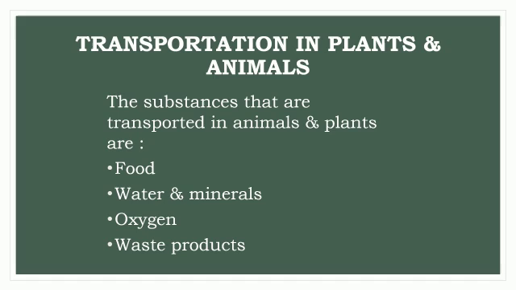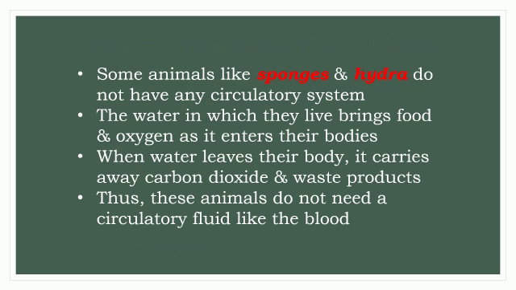Transportation in plants and animals. The substances that are transported in plants and animals are food, water and minerals, oxygen and the waste products. Now, there are some special animals like the sponges and hydra which do not have any circulatory system. Now, how does the transportation take place in their body?